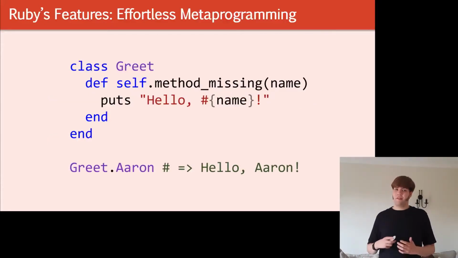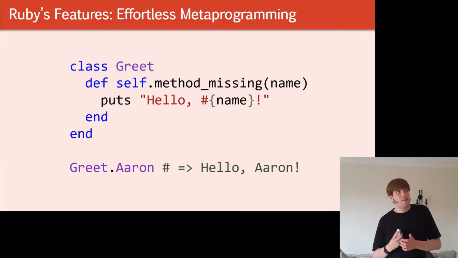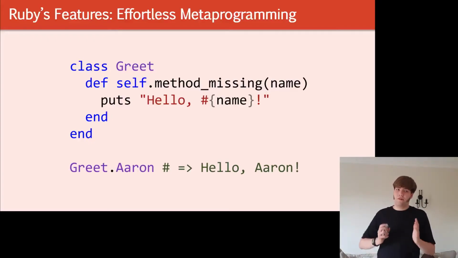So, Ruby lets us dynamically define methods, but it also lets us dynamically not define methods. There's a special method on every object called methodMissing, which is called if we try to invoke a method which does not exist. Here I've created a class called greet and defined methodMissing as a static method, that's what the self dot means, which constructs a string saying hello, followed by the given method name.